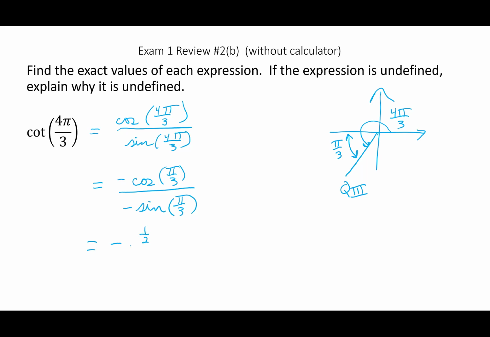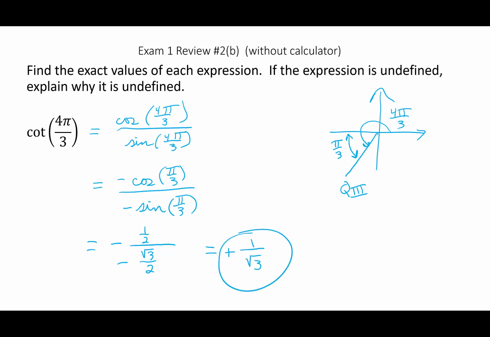The sine of pi over 3 is square root of 3 over 2. That should be negative over negative, which ends up being positive. So we can simplify as 1/2 divided by square root of 3 over 2, which is the same as 1/2 times 2 over square root 3, and we end up with 1 over square root 3.